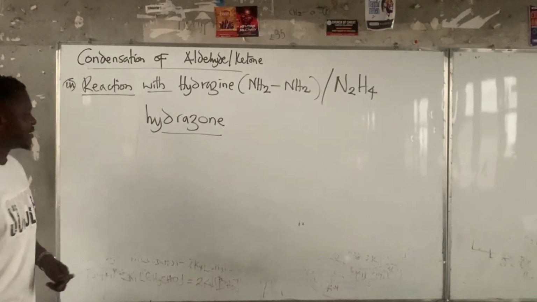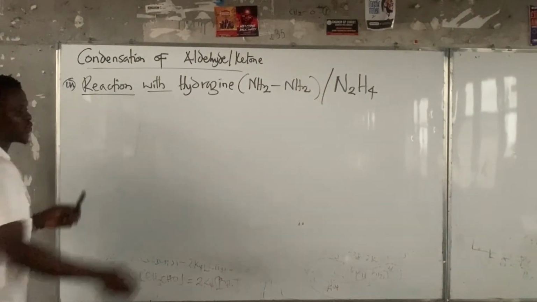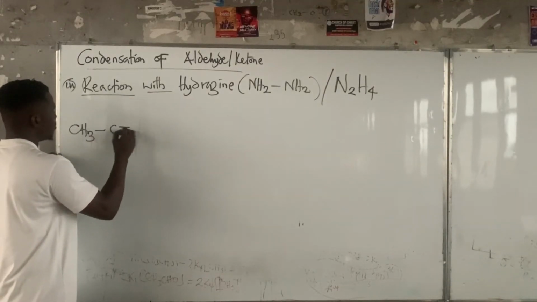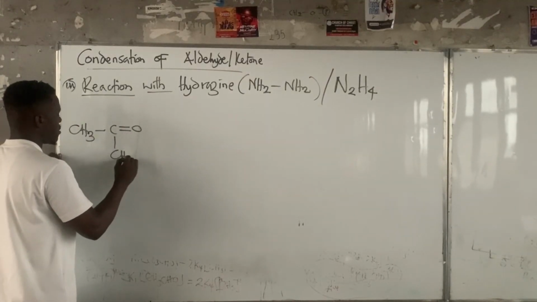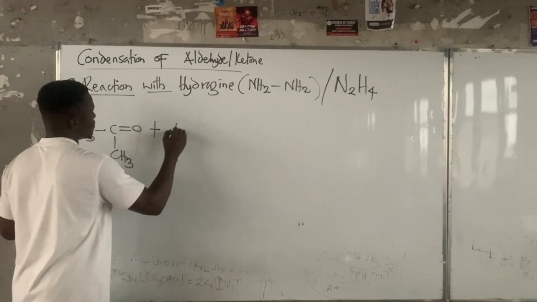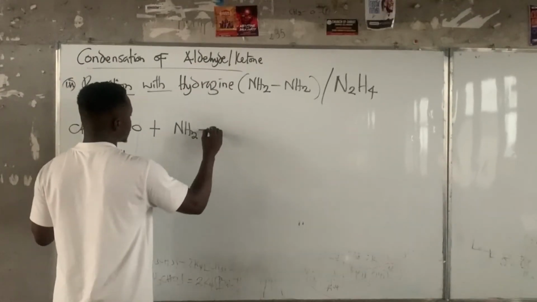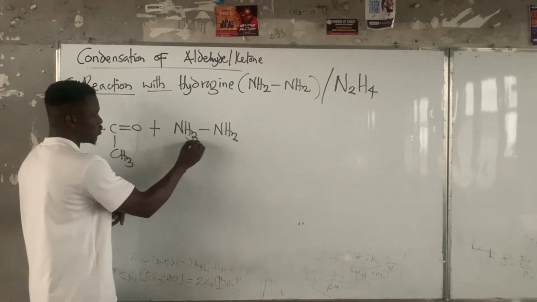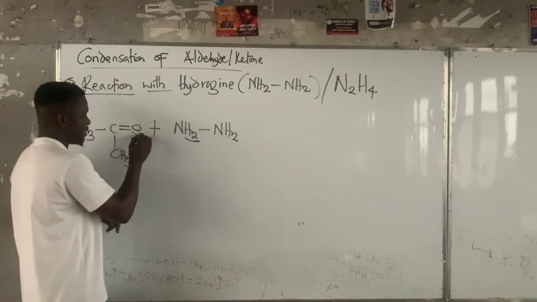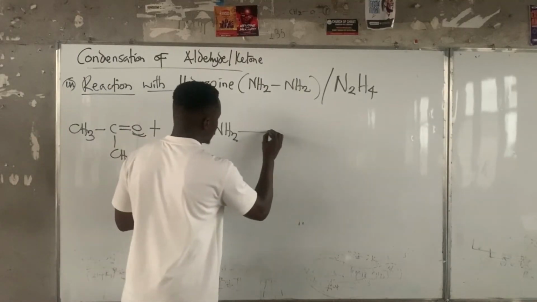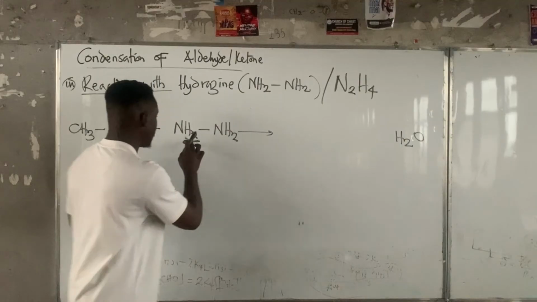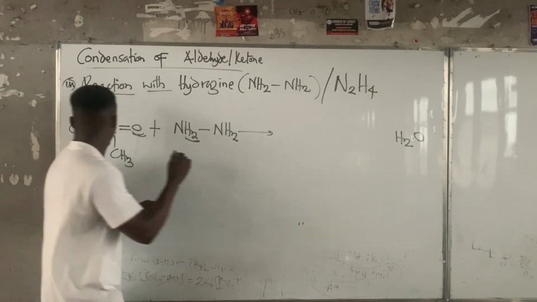So let's look at an example of what we are going to have. We have CH3 plus, once again 2H from here take this O. You have your water. Now once you remove H from here, remove this O, this is what we're going to have.